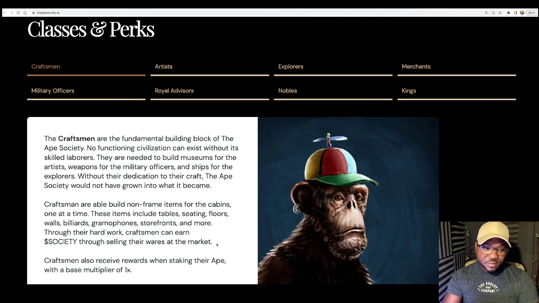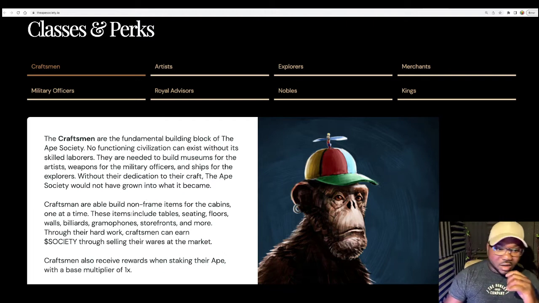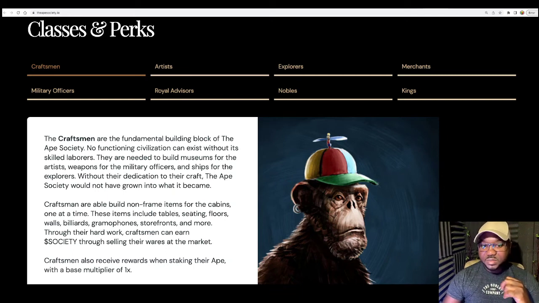So for the craftsmen, it says here, craftsmen are able to build non-frame items for the cabin. So they can't build frames, which you use to stake these apes and earn society tokens, which is a token which is used in the community.